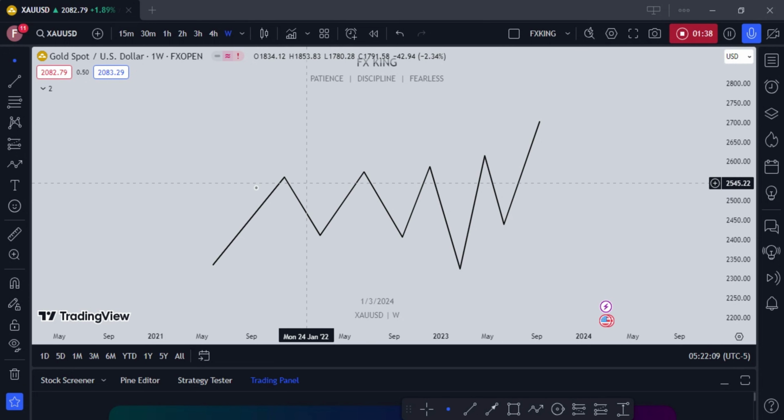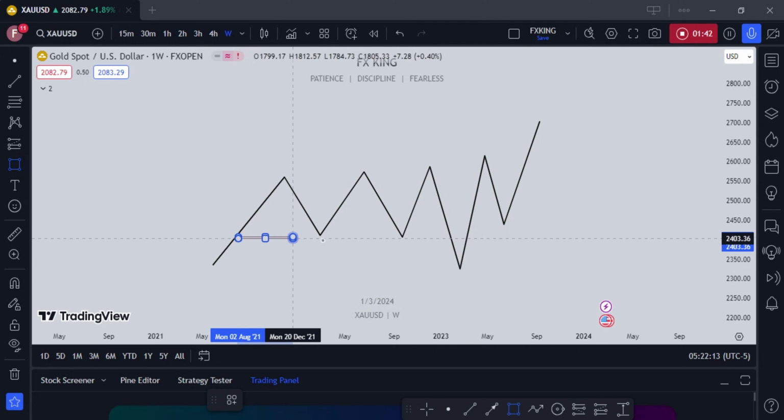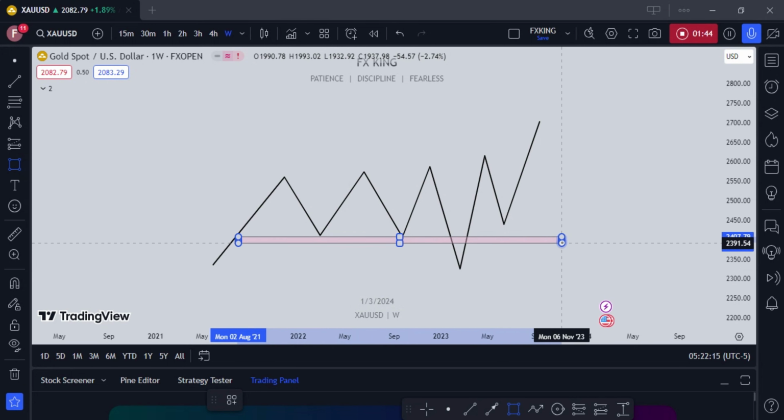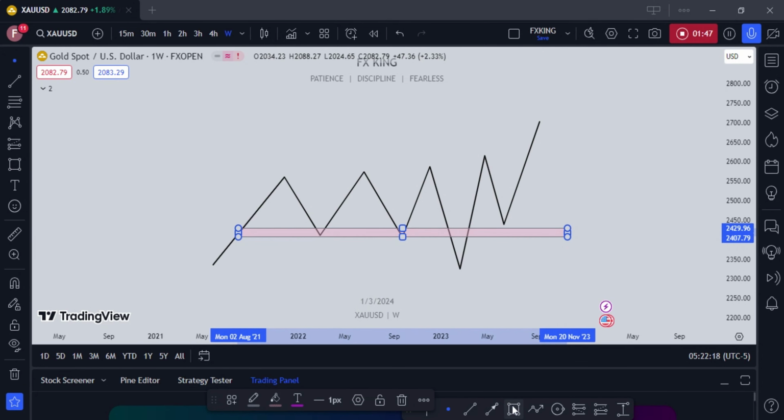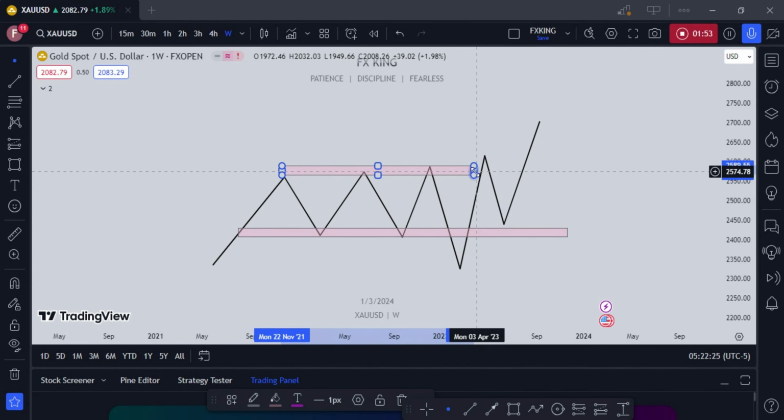So what you should start considering is, if this is the support of the consolidation here, and this is the zone that is considered resistance of the consolidation.